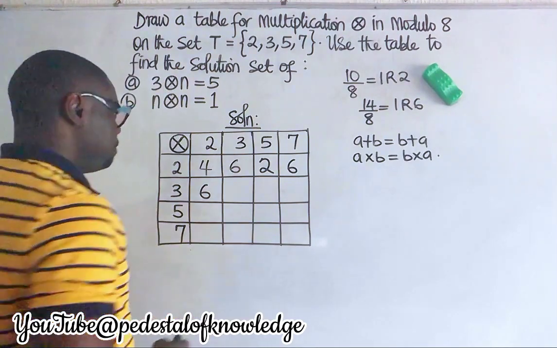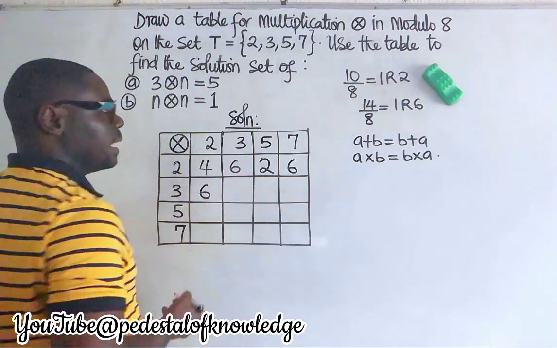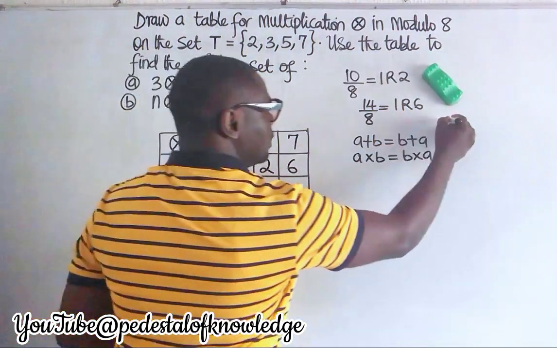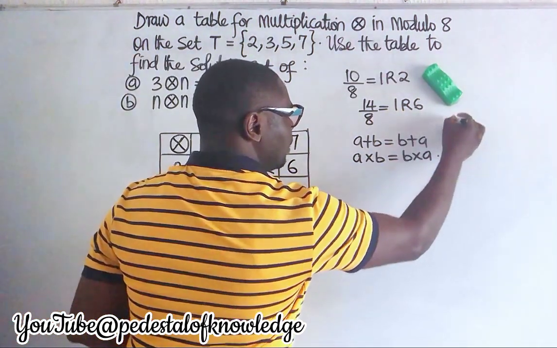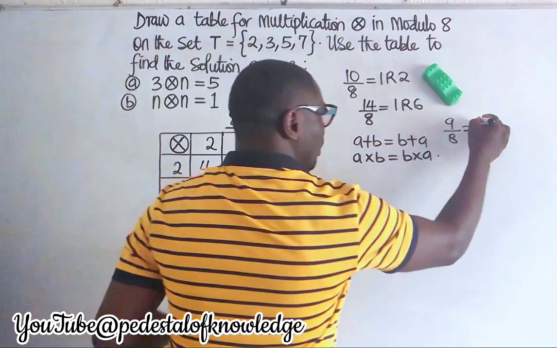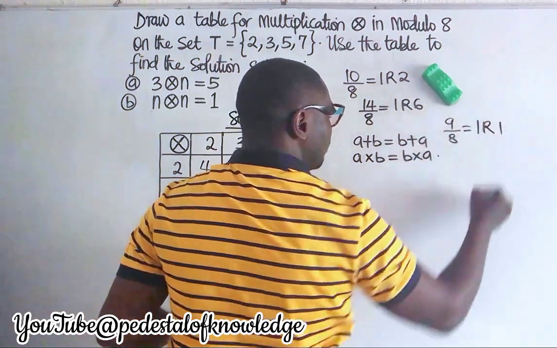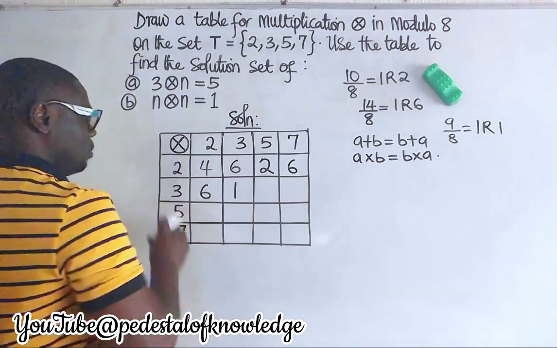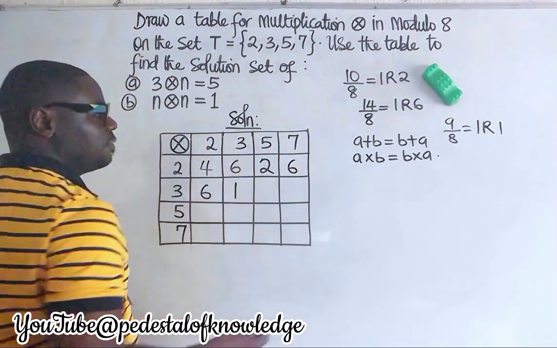Alright, now 3 times 3 will give us 9, and because 9 is greater than 8, you divide it by 8. So 9 over 8 will give us 1 remainder 1. So we now put down the remainder 1. Now 3 times 5 will give us 15.